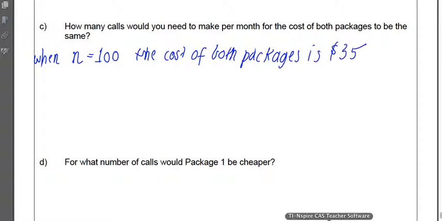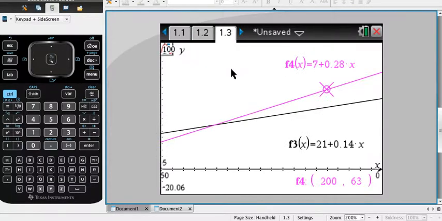And we should be able to see that on this as well. If you have a look here, if we do graph trace and we look at when n is 100, it's taken us right to that intersection point. 100 calls, cost is $35, and that is for both graphs. If I press the down arrow, notice it takes me to the black graph, and it's exactly the same coordinate at that point.